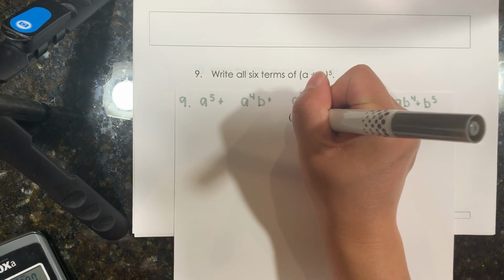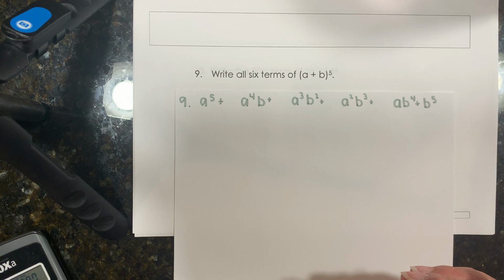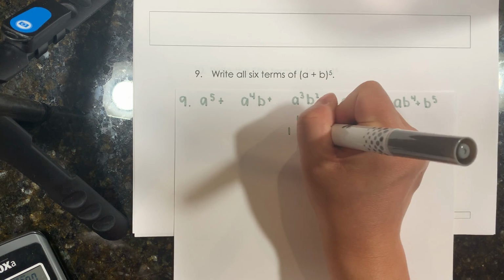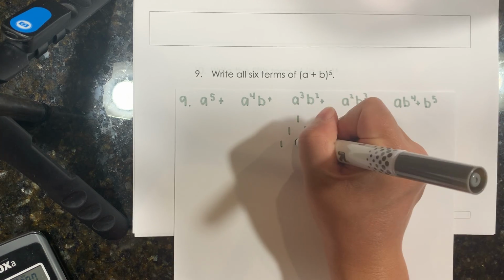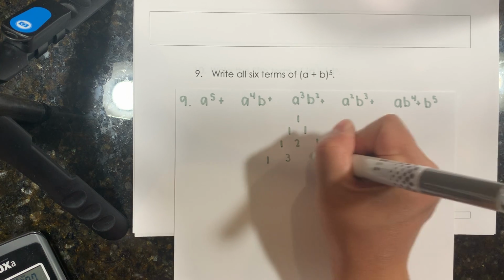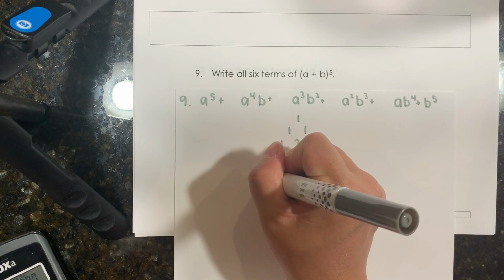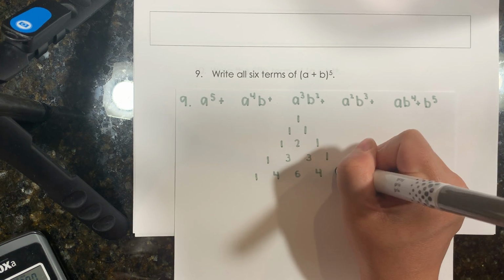Our Pascal's triangle, I'm just going to look at number 10 to see to the 6th power. So I'm going to start with 1, 1, 1. That's power of 0, power of 1. Then add down. So 1, 2, 1. Then 1, 3, 3, 1. Then 1, 4, 6, 4, 1.